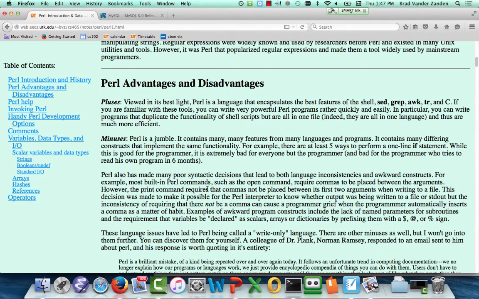The other problem with Perl is it often gives you five different ways or more to do the same task. That's great, except that I do it one way and you know another way, and you look at my code and you're like, what the heck did Dr. van der Zanden do?